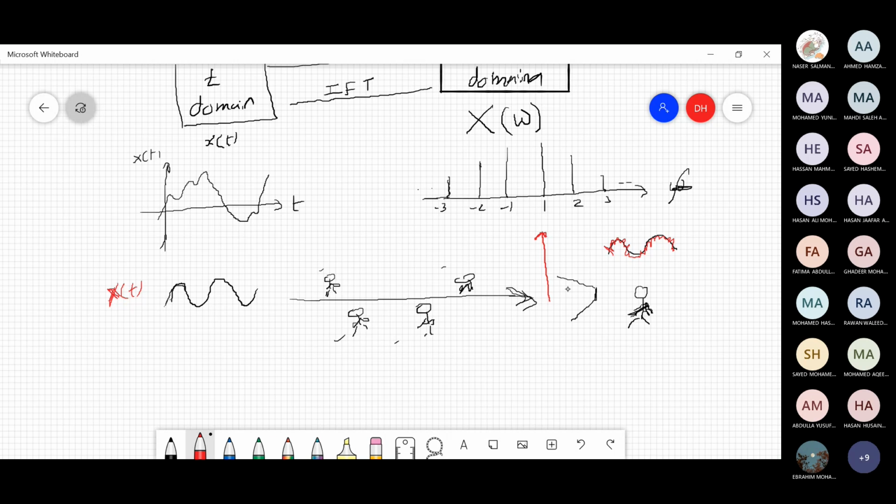In the spectrum analyzer, you will see that this is the main one here, but all this noise is coming from people here. To receive the exact x of t, I need to design a filter with a cutoff frequency here.